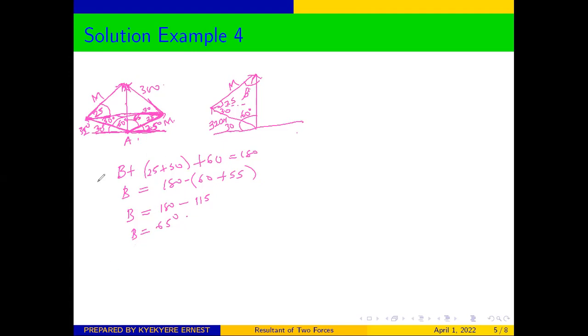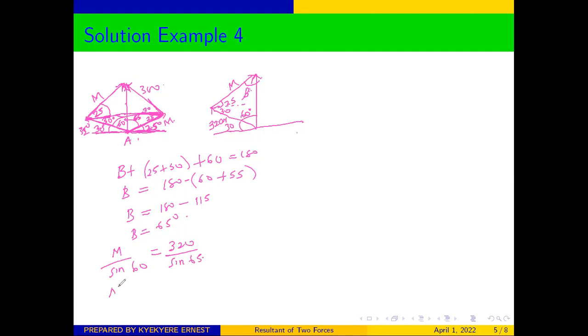And then from here, we can calculate our M, because we know this side, we know the angle here, we know the angle here, and then we are asked to find the magnitude of this M. So we can say that M over sine, the opposite angle, sine 60, will be equal to what you have been given, 320 over the sine of the opposite angle, which is beta, so sine 65.